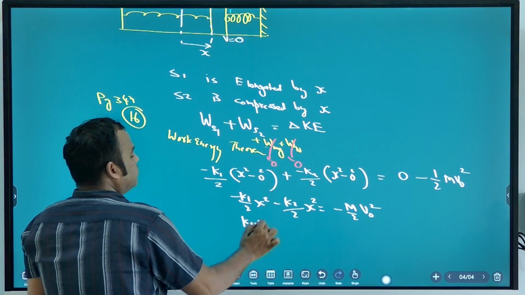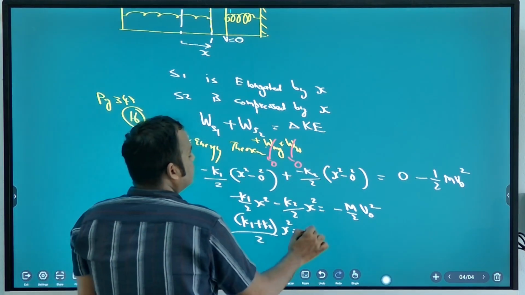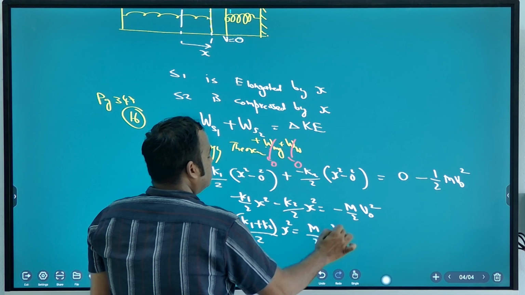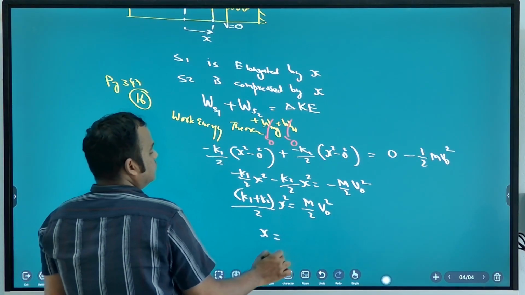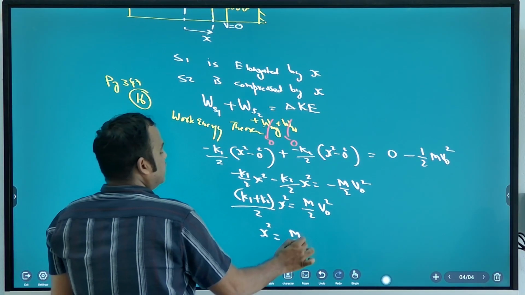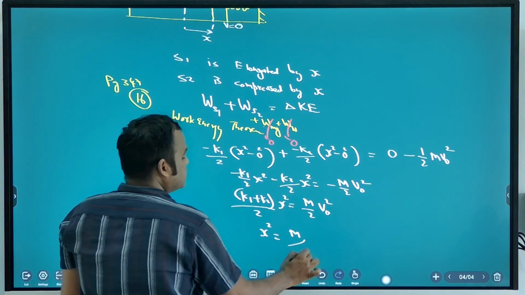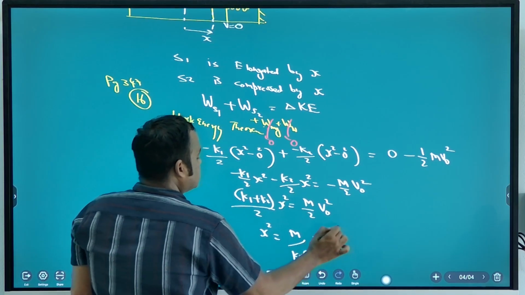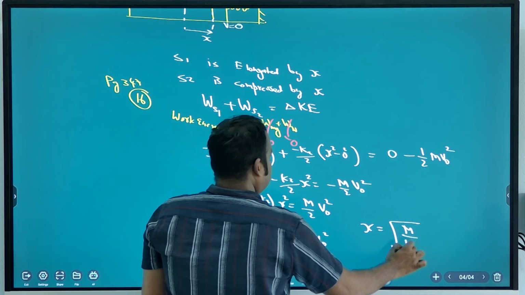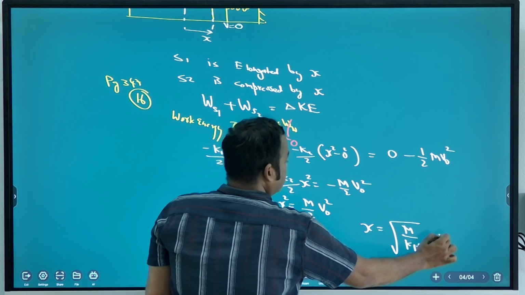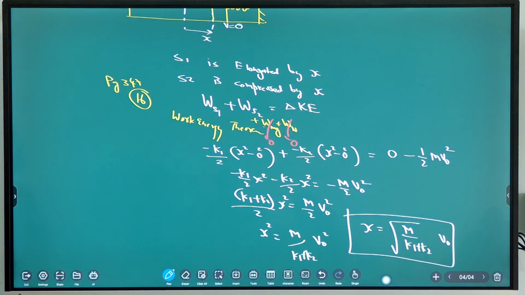So (k1 plus k2) by 2 into x square is equal to m by 2 into v naught square. The 2 cancels, so x square is m by (k1 plus k2) times v naught square. So x is the square root of m by (k1 plus k2) into v naught. Clear? This is the x value.